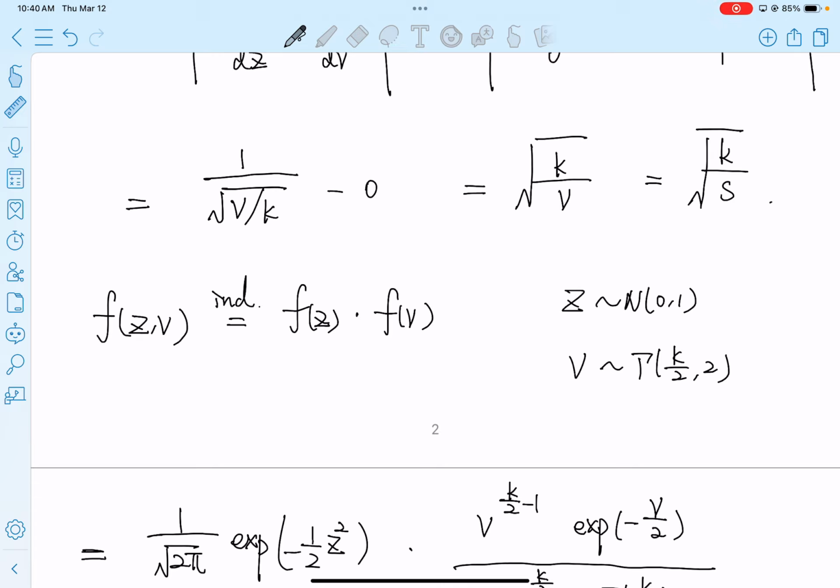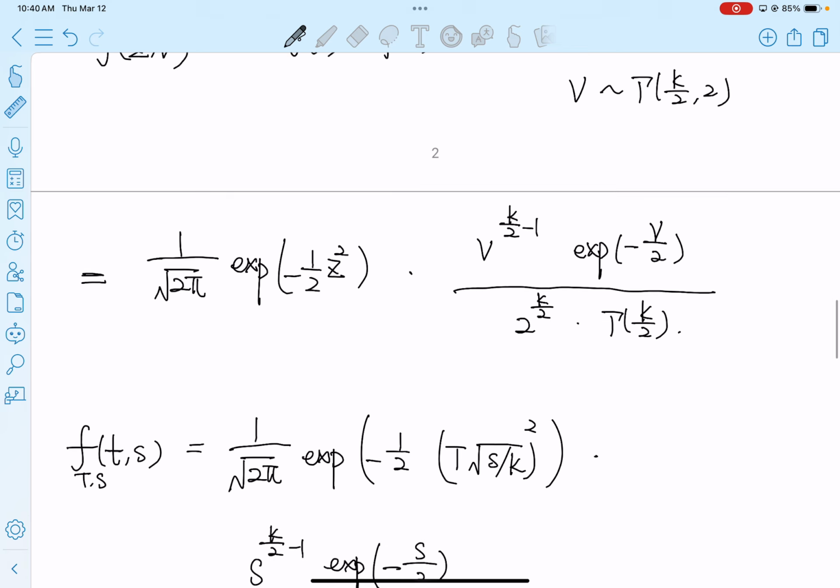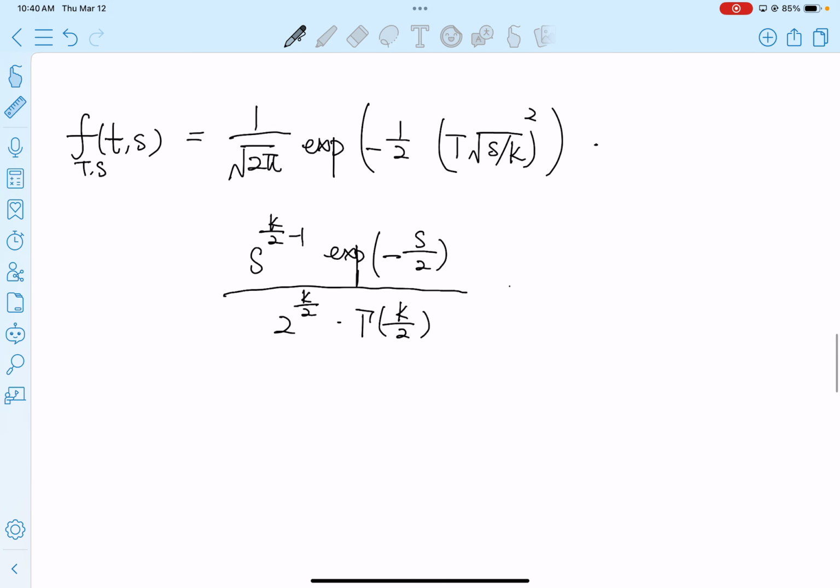And don't forget there's another absolute value, but the square root is already a positive number, so the absolute value of that is just itself. But don't forget the inverse. Let me write the square root of k over s, and let me write the inverse explicitly. The inverse is just s divided by k.